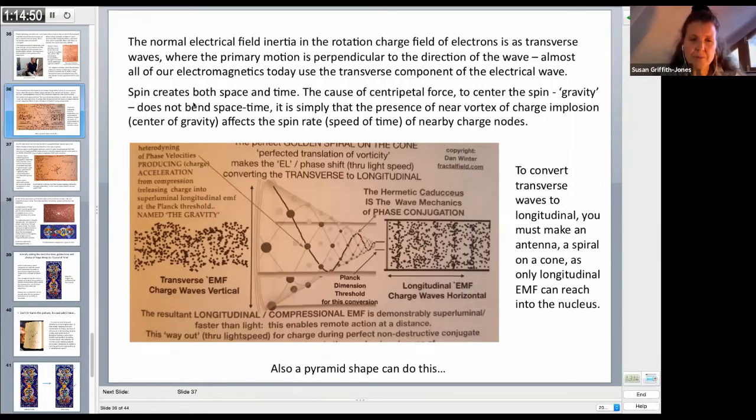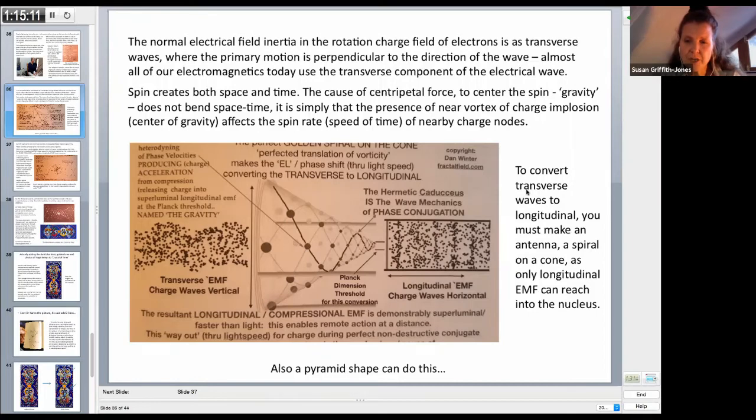So spin creates both space and time. The cause of centripetal force to center the spin, gravity, does not bend space-time. It is simply that the presence of near vortex of charge implosion, the center of gravity, affects the spin rate, the speed of time of nearby charge nodes.